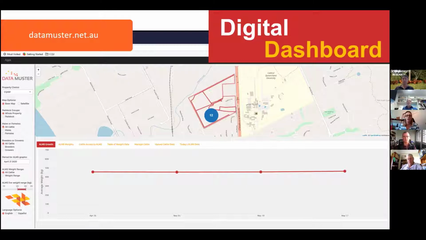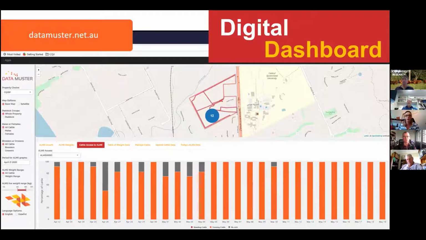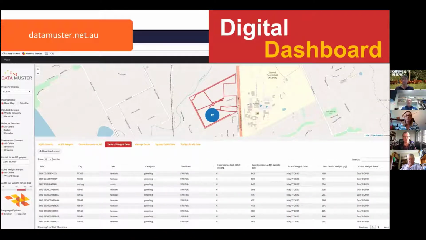Critical information is displayed in the tabs along the bottom of the page, including an ALMS growth graph, which is derived from the weekly average walkover weighing weights, a breakdown of the numbers of cattle by weight category, also derived from weekly average weights, counts of the numbers of cattle accessing the walkover weighing units on a daily basis, and a table of individual animal data, including the latest crush weights, the latest average walkover weighing weights, and the time since the last walkover weigh records.